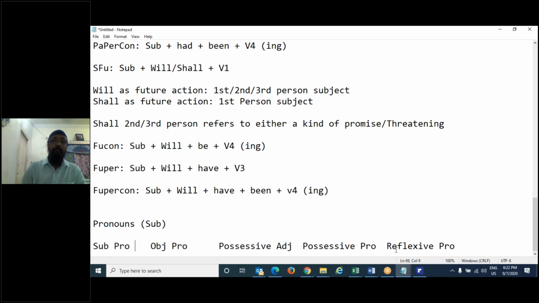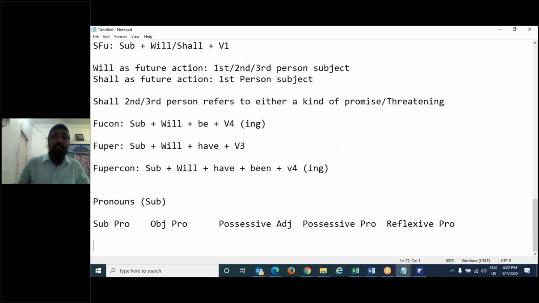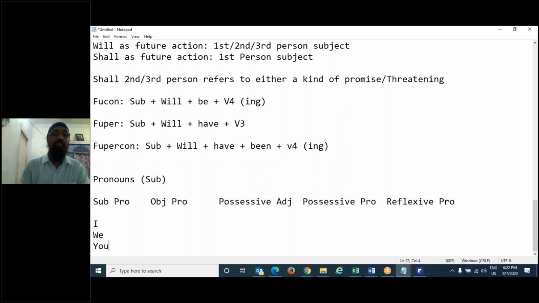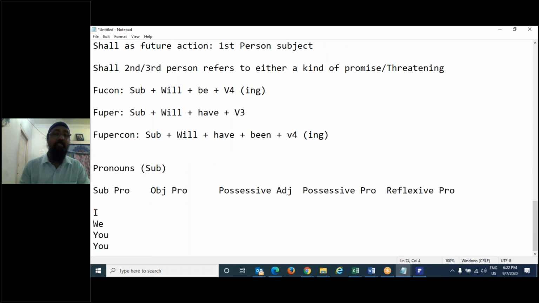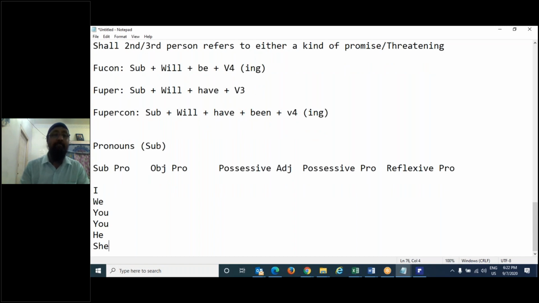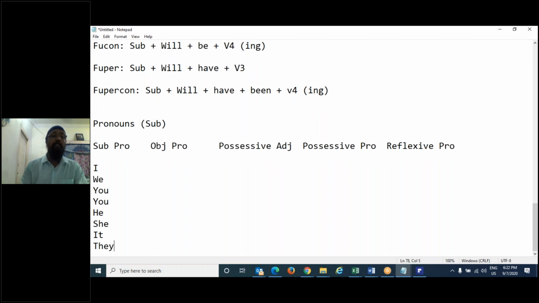Subject pronoun. We have just discussed these while talking about the tenses. The subject pronouns are I, singular first person; we, plural first person; you, singular second person; you, plural second person; he, singular third person; she, singular third person; it, singular third person; and they, plural third person. So these are the subject pronouns.